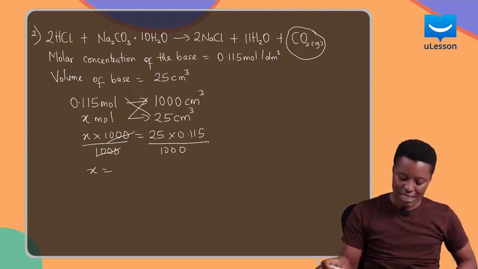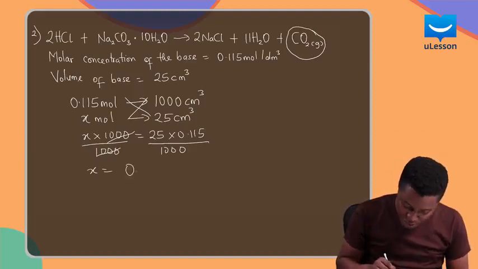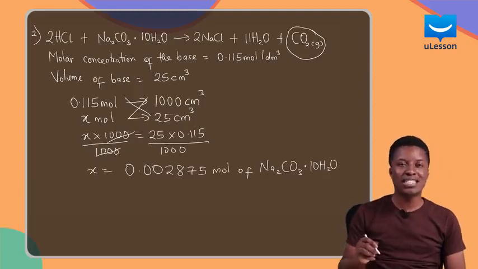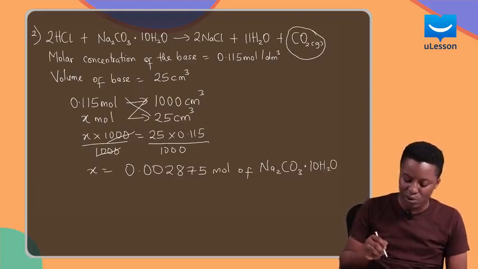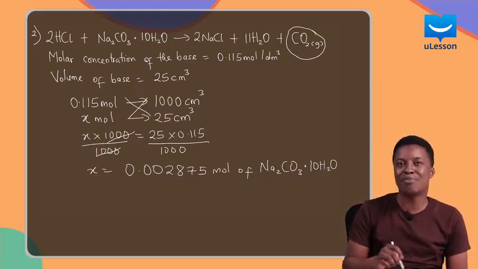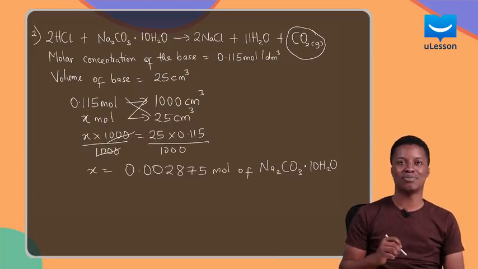This gives us X to be 0.002875 mole of Na2CO3.10H2O. Now what this means is that it is 0.002875 moles of this base that has taken part in this chemical reaction.